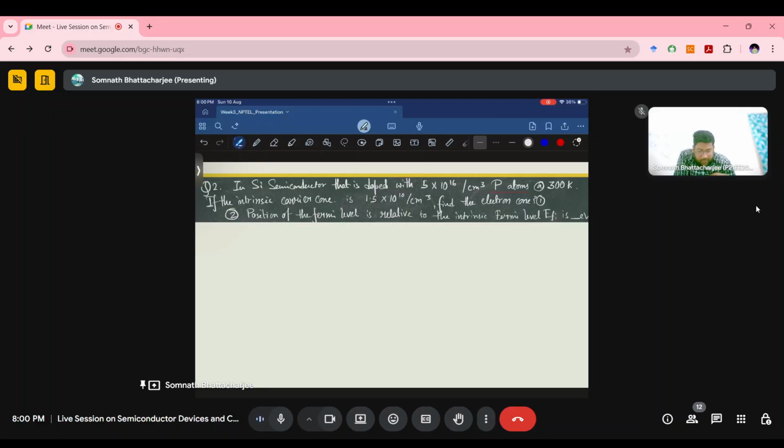The first part requires us to calculate the value of electron concentration, that is the value of N. And here we need to get the ratio of EF with EFi. We have already got that the intrinsic carrier concentration, Ni, is 1.5 into 10 to the power 10 per centimeter cube, and also the dopant concentration, that is 5 into 10 to the power 16 per centimeter cube.